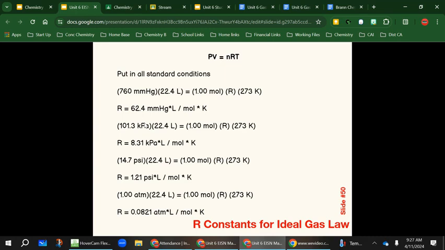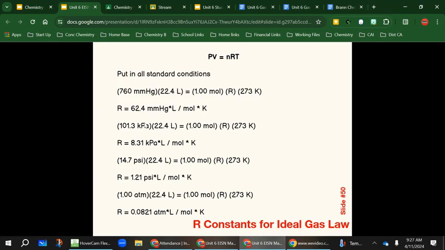How should we write these down? Like, should we do like mmHg equals 62.4? No. Here's what I would do, but again, you could do this however you like. Somewhere on your periodic table, I would write R values. And then underneath, I would write 62.4 mmHg times liters over mole times Kelvin.